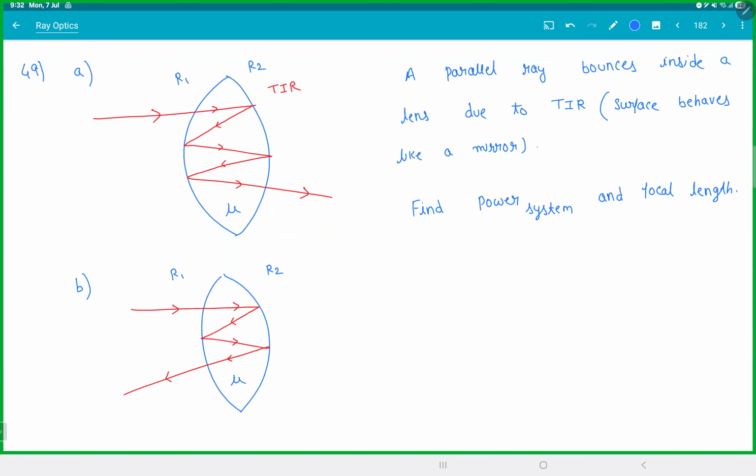Second one, do it and tell me what you'll get. First one is actually kind of easy. Second one, there's a trap. Let's see if you can figure it out.